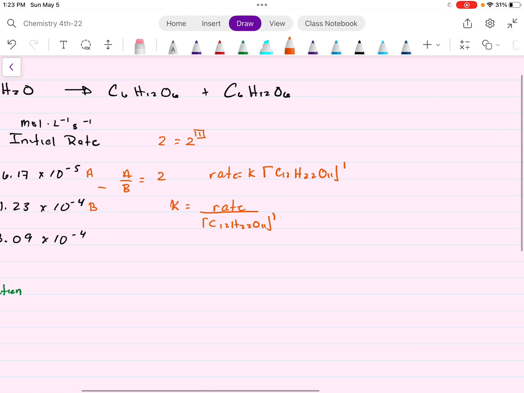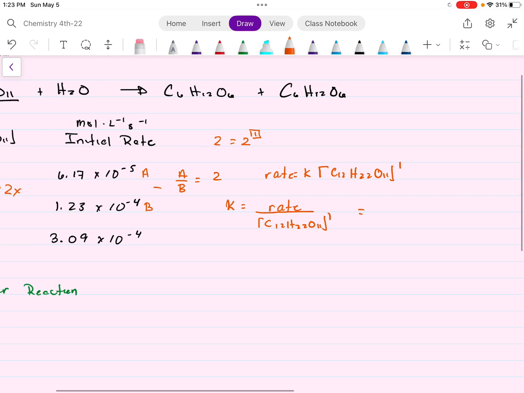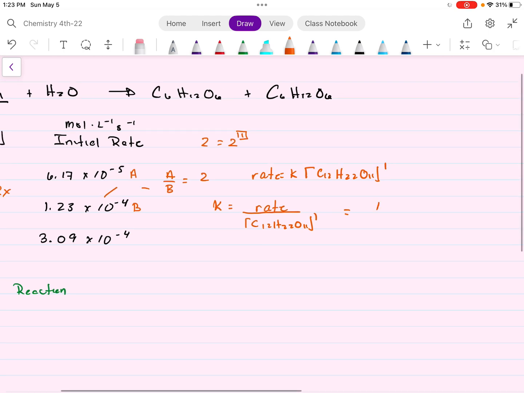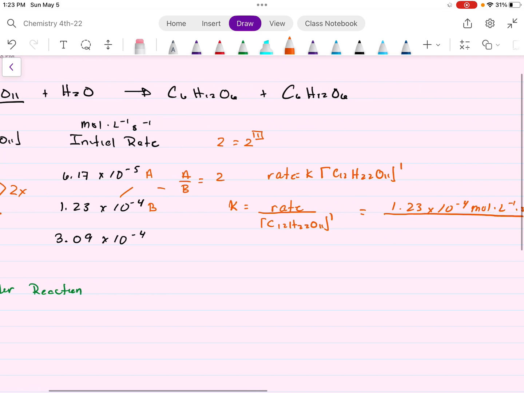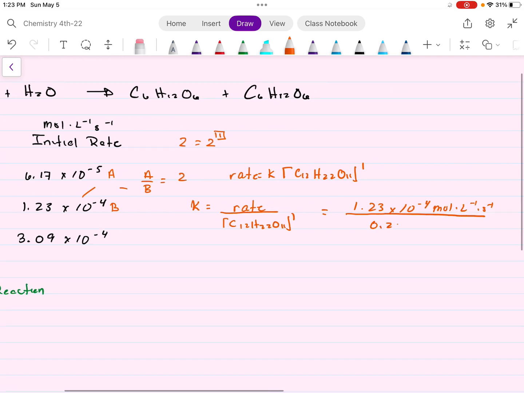Now let's go ahead and solve for the rate constant of this reaction. I'm going to pick just the first one here, or we can pick the second one, it doesn't matter. Let's go ahead and do 1.23 times 10 to the negative 4. That's our rate, in moles per liter to the minus 1 times seconds to the minus 1. Then we're going to divide that by the concentration here, which is 0.20, to the first order.